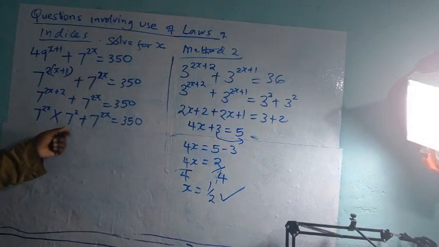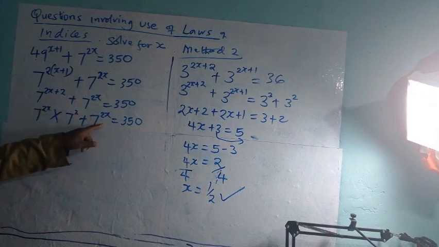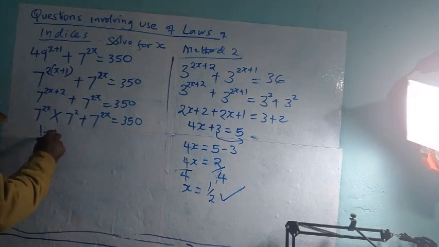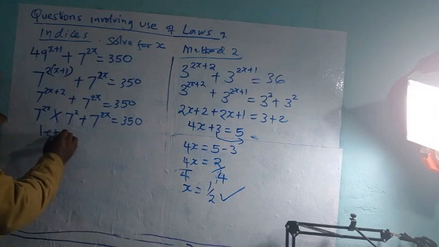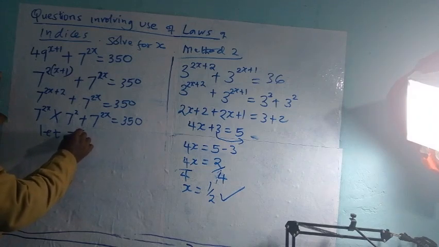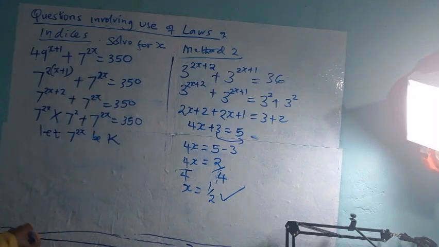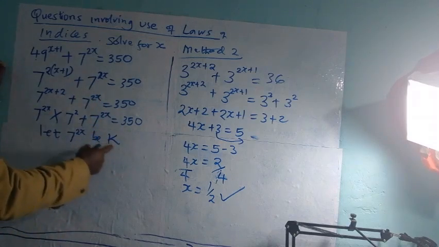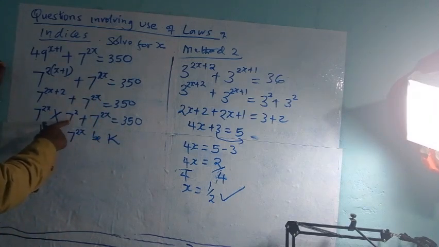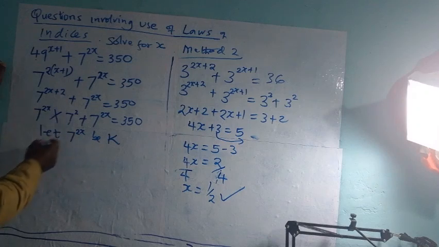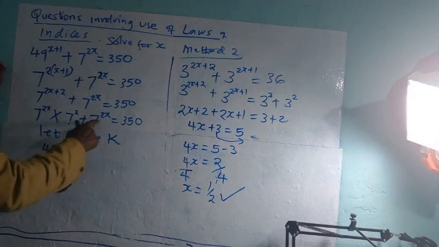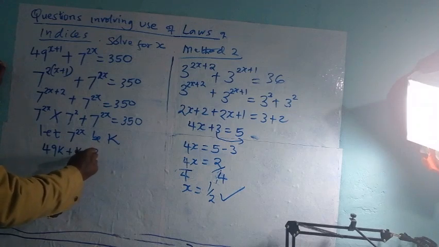Where you see this one and this one are the same, you say let 7 raised to power x be k, a letter of your choice. So where you see this one, substitute with k. So this is k times 49, this is 7 squared, 49. So we have 49k plus k, and the answer is 350.